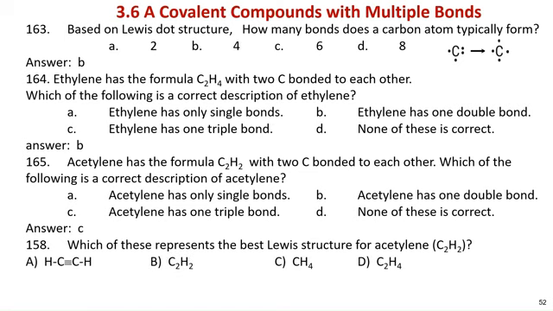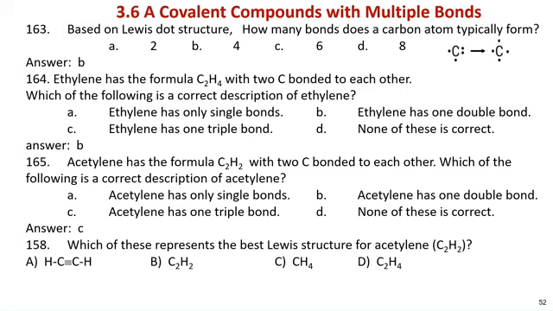Which of the following represents the best Lewis structure for acetylene? C2H2. Remember, for the Lewis structure, you count the electrons: C2H2, 8 from there, 2 from there, it's 10 electrons divided by 2, 5 pairs. So you connect the carbon first, then hydrogen has a duet.